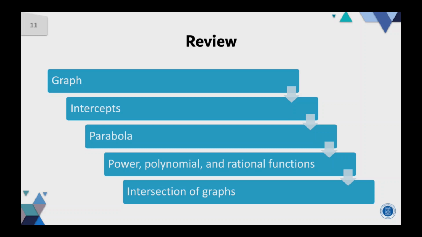We also learned about special graphs, which are the parabola, power, polynomial, and rational functions, and then we also learned about intersection of graphs.